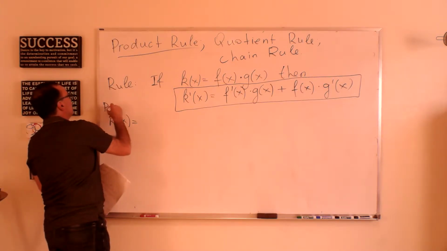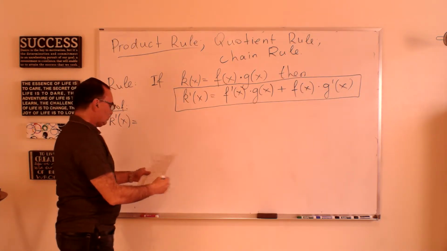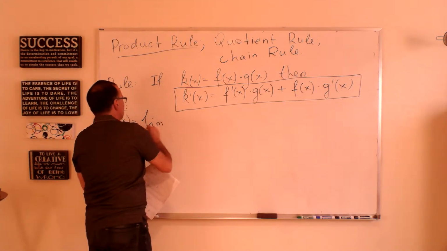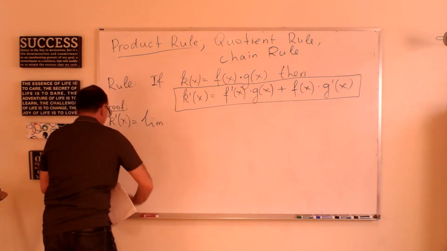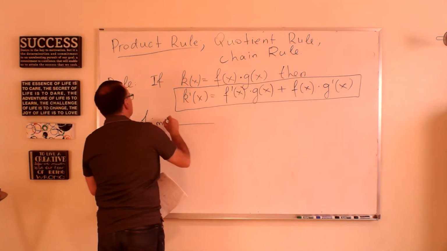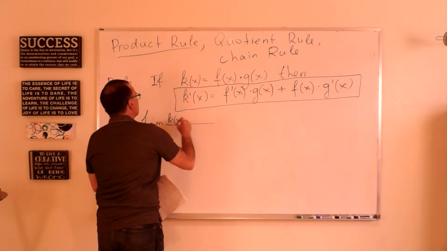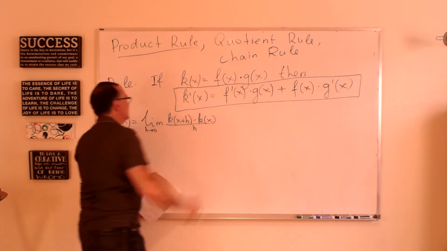So here's the proof. Limit as h approaches 0 of k of x plus h minus k of x over h.